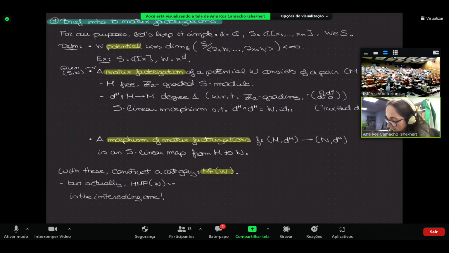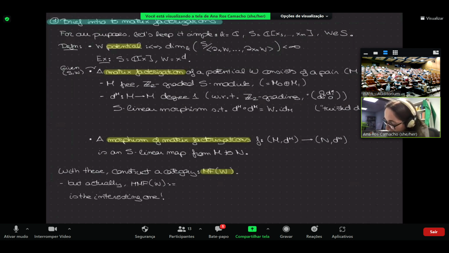This matrix factorization consists of a pair M and d_M, where the first component is a free Z/2-graded module. Because it's Z/2-graded, I will display this grading like this.